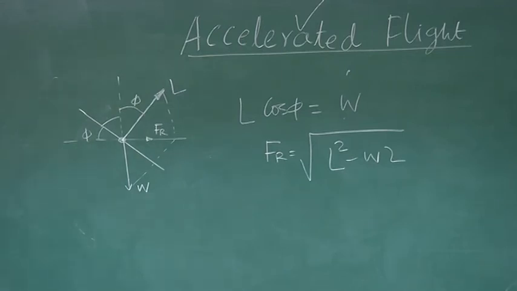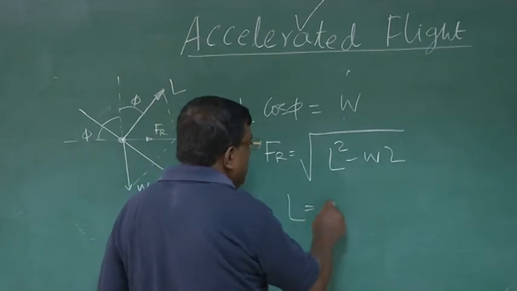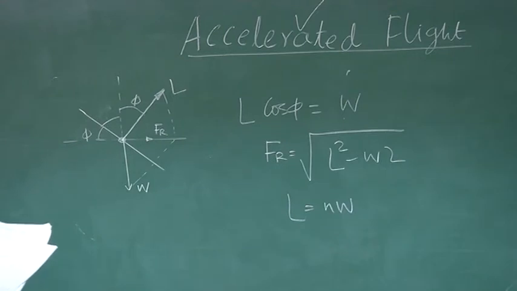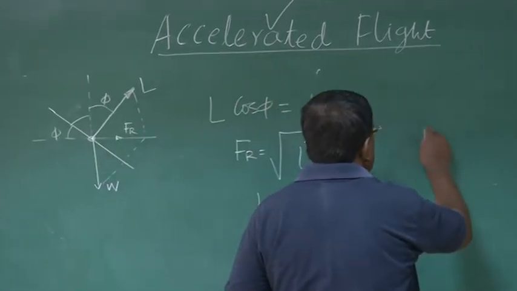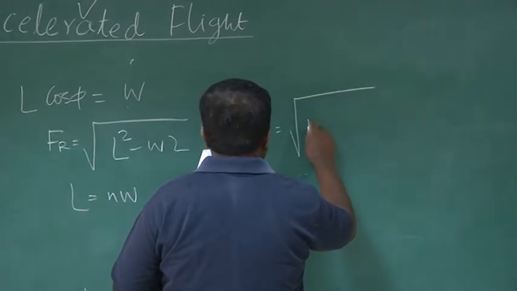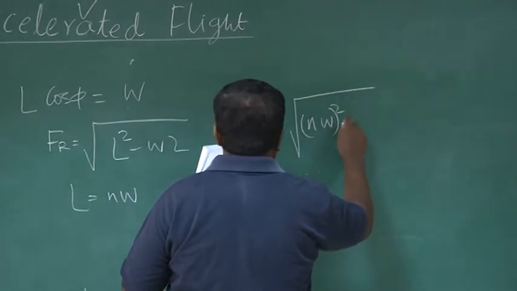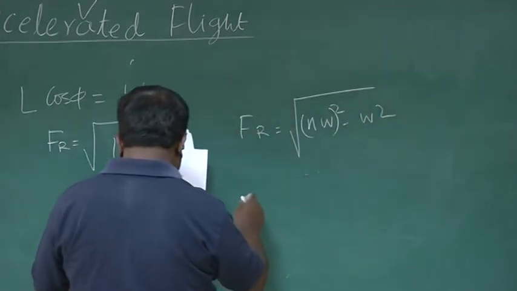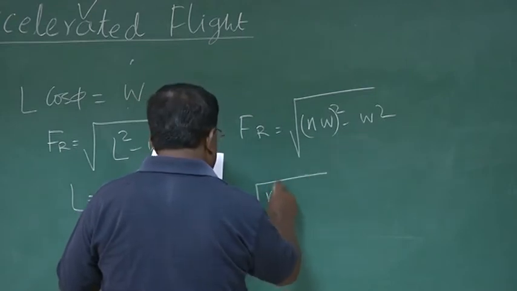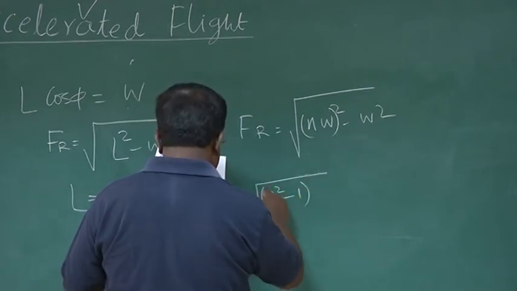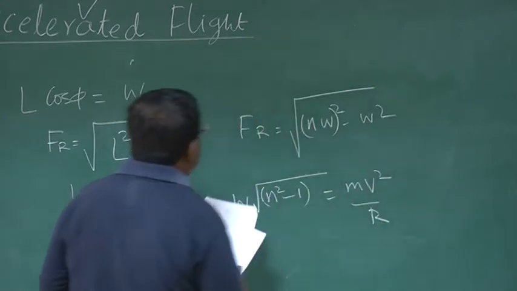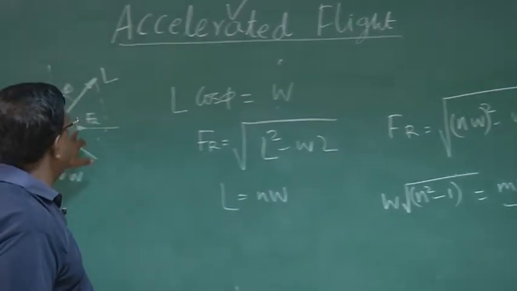Once I write that, now again I know lift equal to nW. It's the load factor. Right? So I can write Fr as the square root of (nW) square minus W square. So after doing some manipulation, I can write W square root of n square minus 1 is equal to mV square upon R, because this Fr is only giving me the centripetal acceleration.